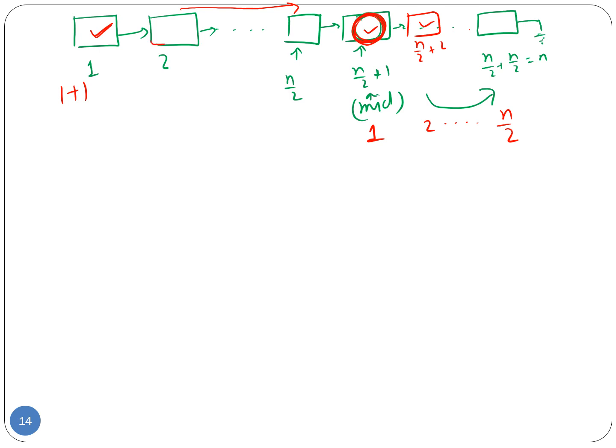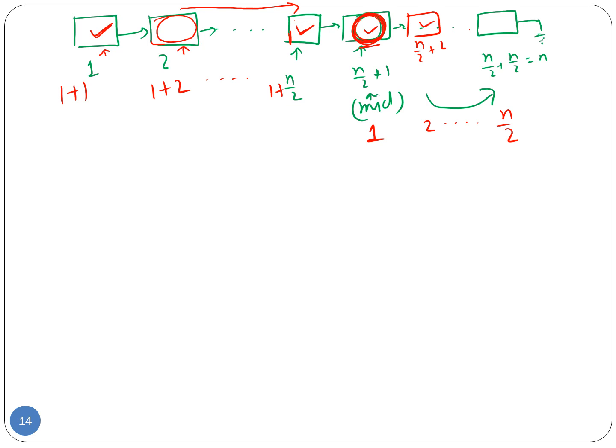If the item that you're looking for was, let's say, the second element stored over here, then you will first check the middle element, then you will check the first element, and then you will check the second element, right? So there will be 1 plus 2 comparisons. And likewise all the way up to the n by 2th element, there would be 1 plus n by 2 comparisons for the n by 2th element.